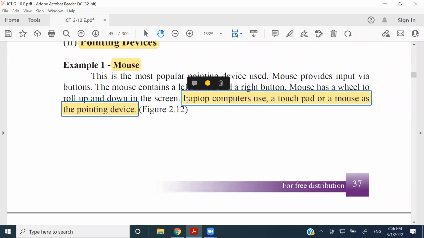Sorry that I couldn't mention it. It's better you add in laptop computers at the beginning of the sentence. In laptop computers, a touchpad or a mouse. Let's write it like this, people.